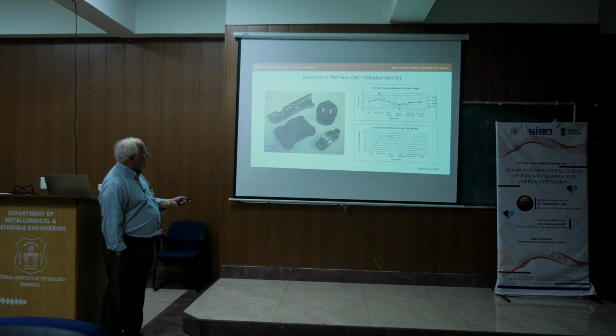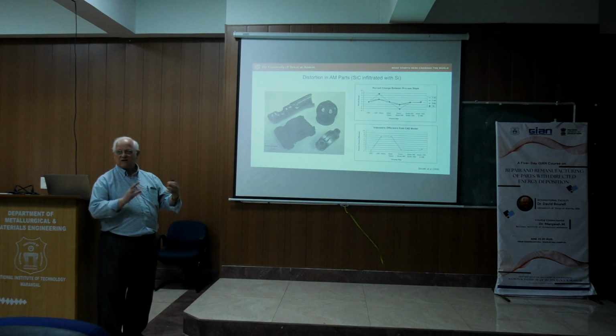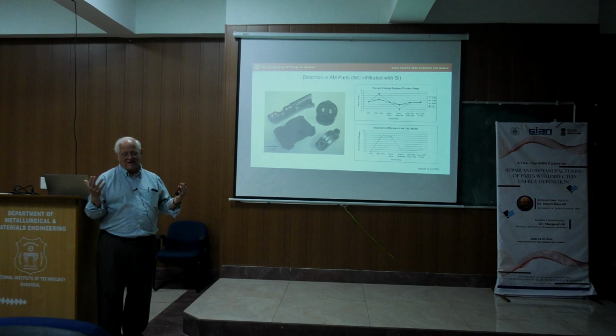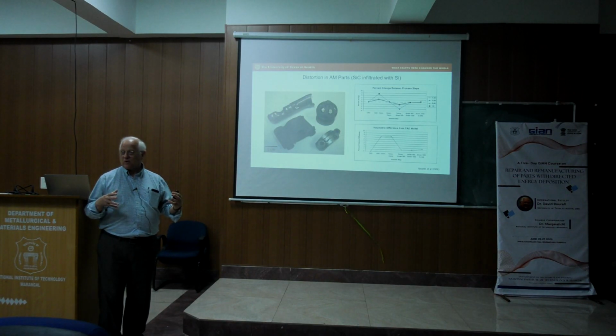And what we did is as we built the green part, there are two sets of curves here. One is these solid squares here. The other is these curves here in between. And these lines reflect measurements in the X, Y, and Z direction. So what we see here is there's not a lot of change in the direction, which means there's not a lot of anisotropic shrinkage or expansion as we process.